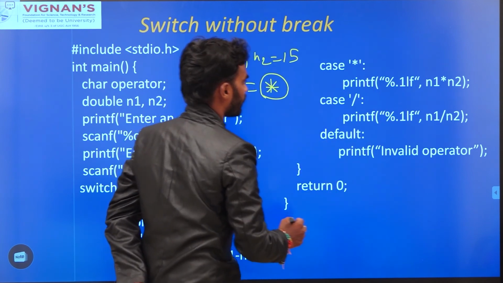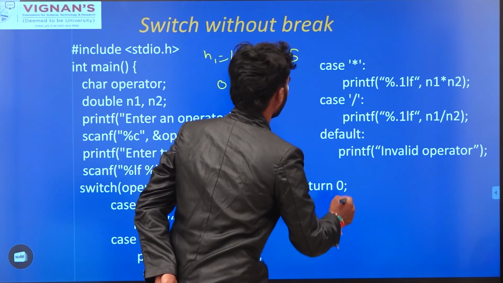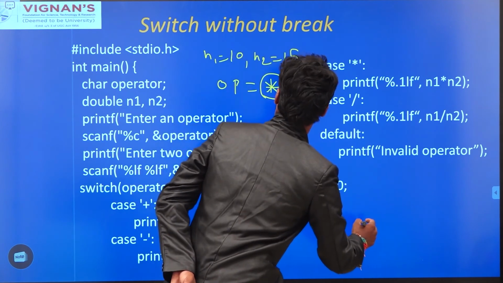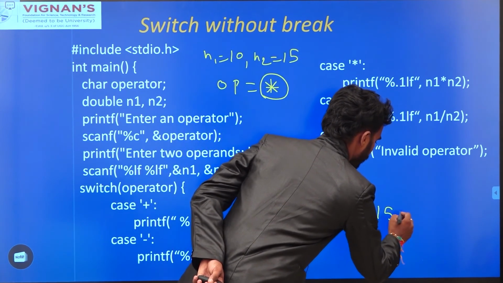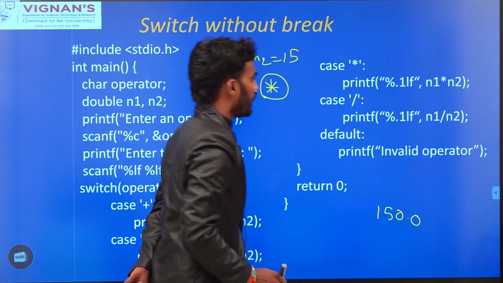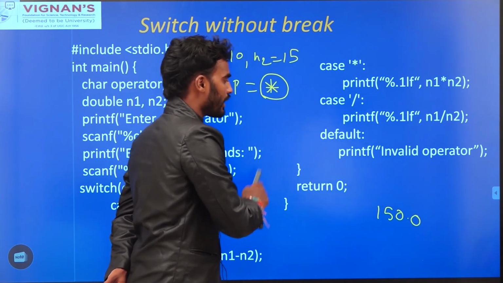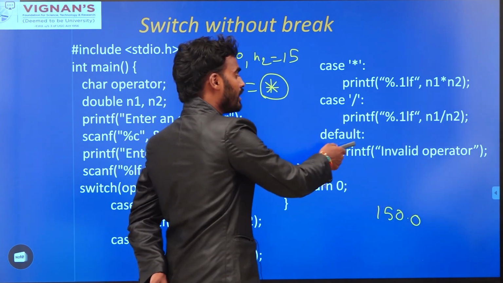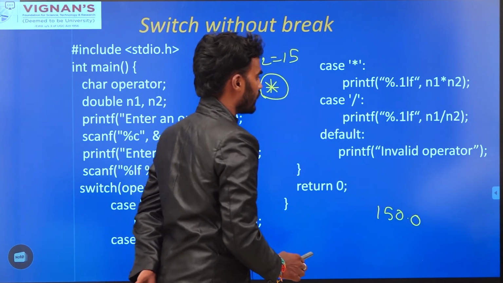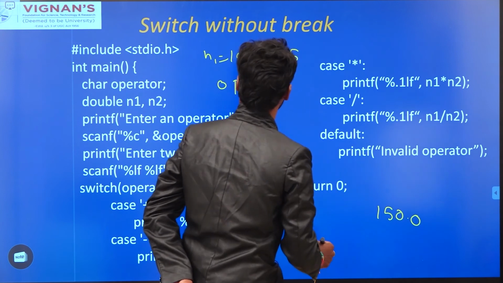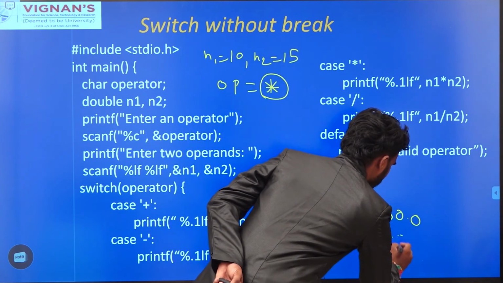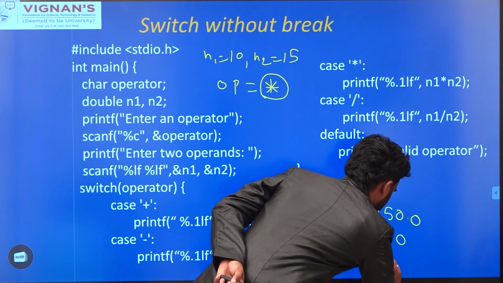For now the output will be 10 into 15, 150.0. As there is no break statement, all the remaining labels also will be executed. You will get the output as 10 divided by 15, 0.0, as well as invalid operand.